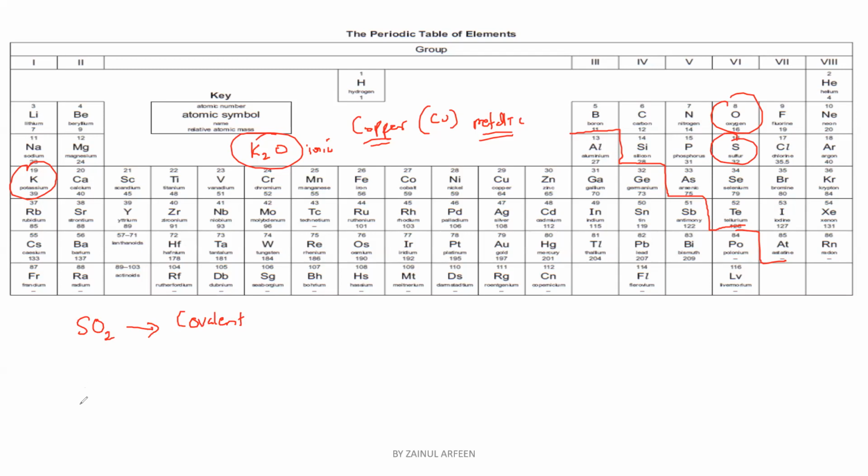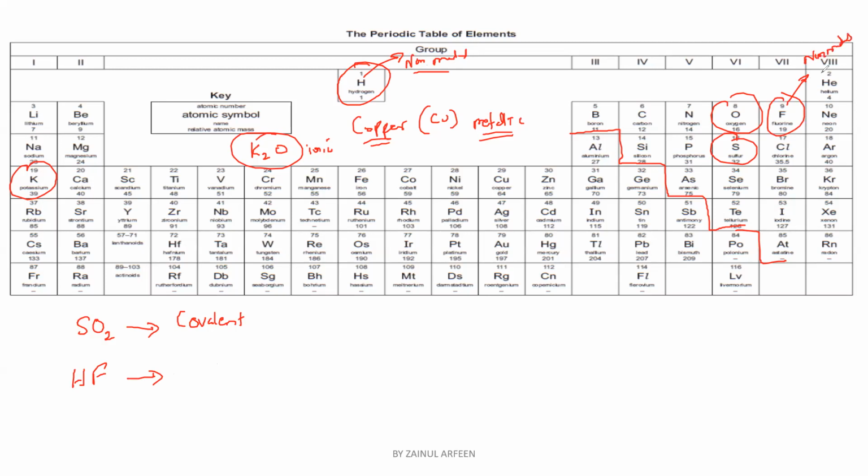And what kind of bonding is there in hydrogen fluoride, HF? Ionic, covalent, or metallic? Hydrogen is a non-metal. Its position is not fixed, but it is a non-metal. And fluorine is also a non-metal.